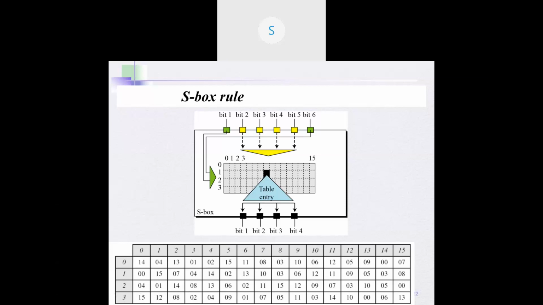Is it right? 12 equals 1100. So this is the value that will come out from the S box.